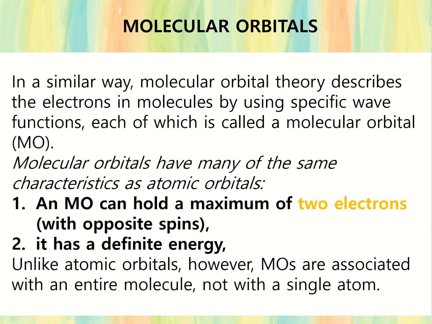But unlike atomic orbitals, this is the difference. However, molecular orbitals are associated with an entire molecule, not with a single atom, right? So that is the difference. It's associated with an entire molecule and not with a single atom.